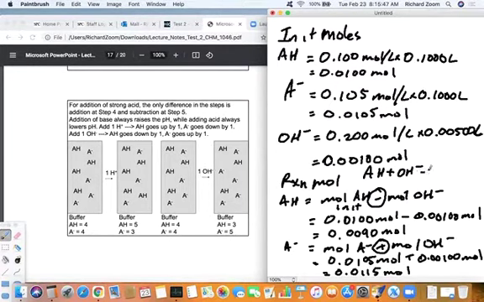This is the reaction that's occurring. So you can see that the AH is going to go down when it reacts with the OH minus. The A minus is going up, and that's why it's minus on the AH and plus on the A minus. Does anybody have any questions?